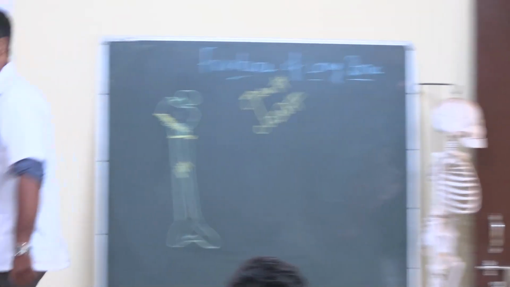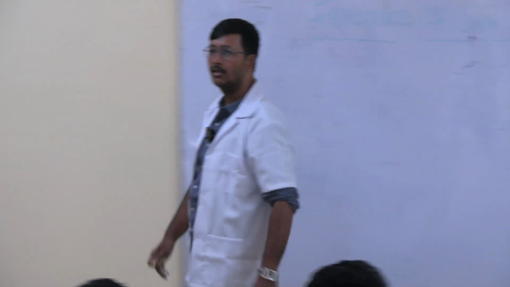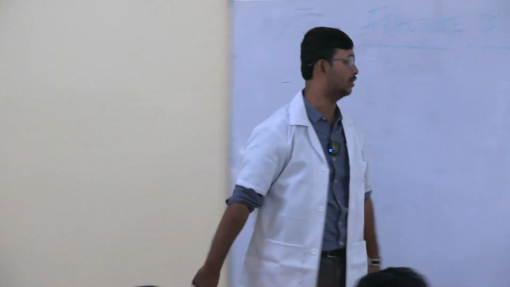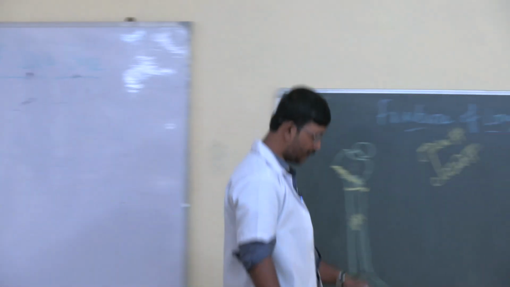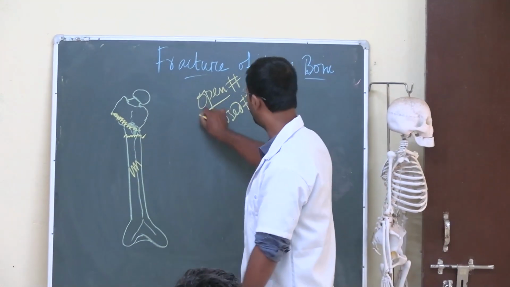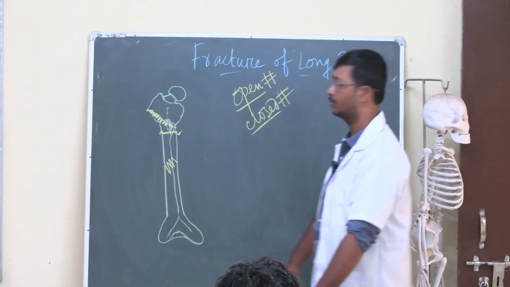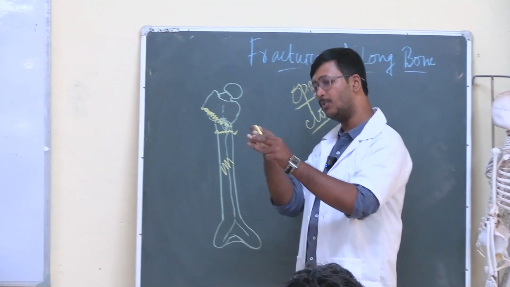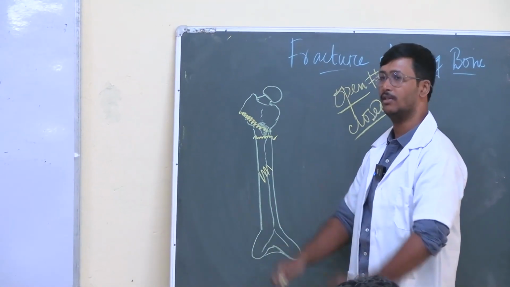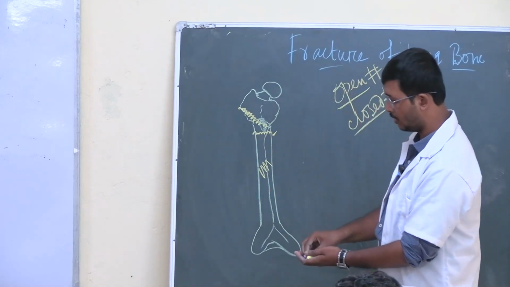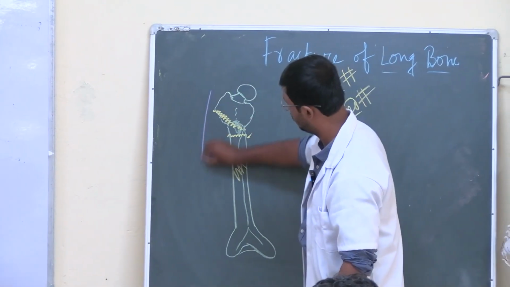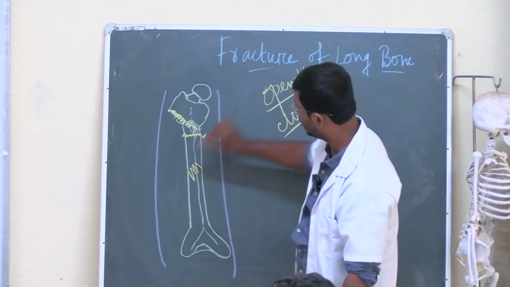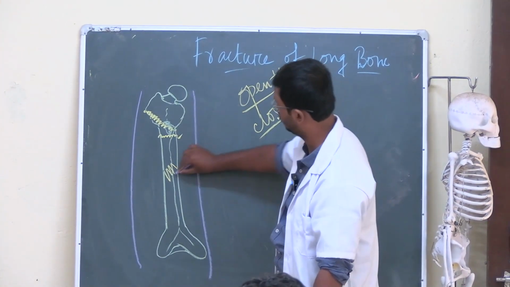So basically, what is a fracture? Fracture is a break in the continuity of the bone. There can be open fracture and closed fracture. So what is an open fracture? Open fracture means the fracture has protruded out of the skin. Outside we have skin here. Suppose this is the thigh, and suppose this part has come out.